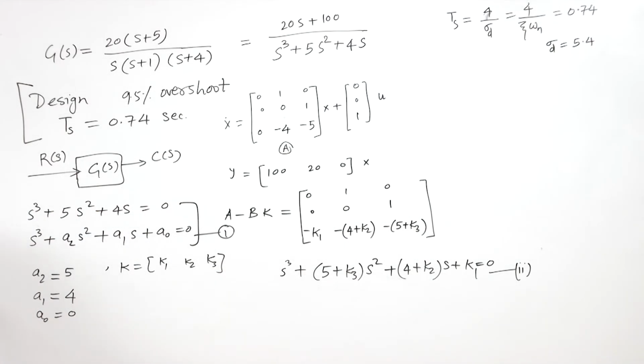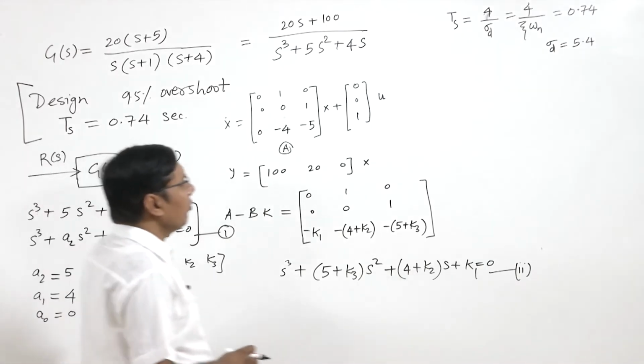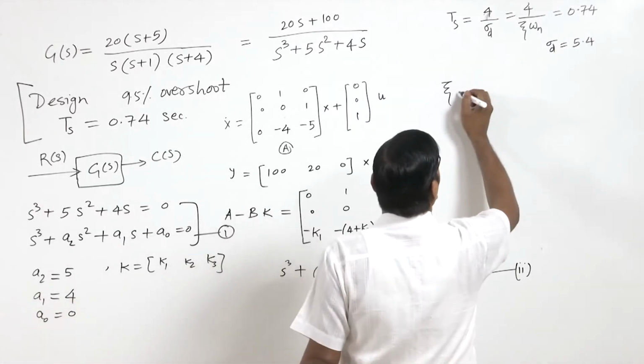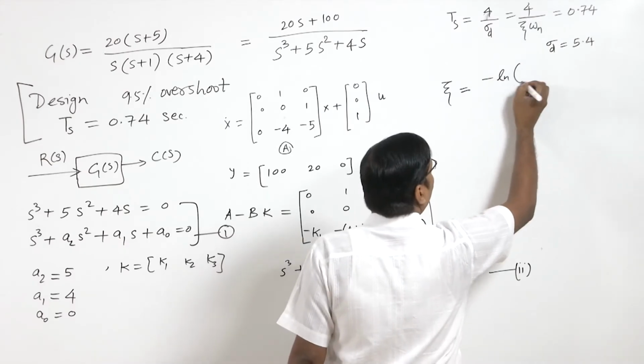Now we have percentage overshoot, and we have to find the damping.